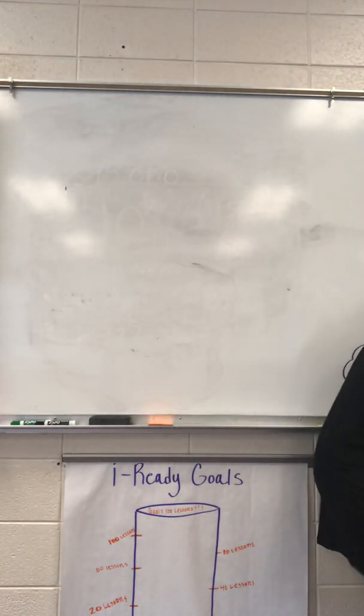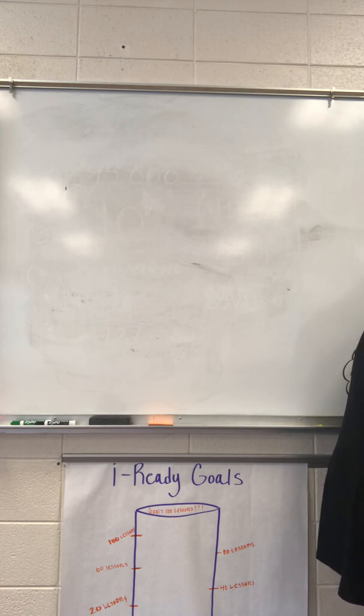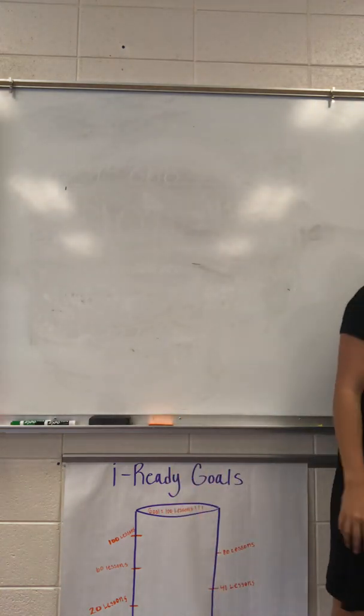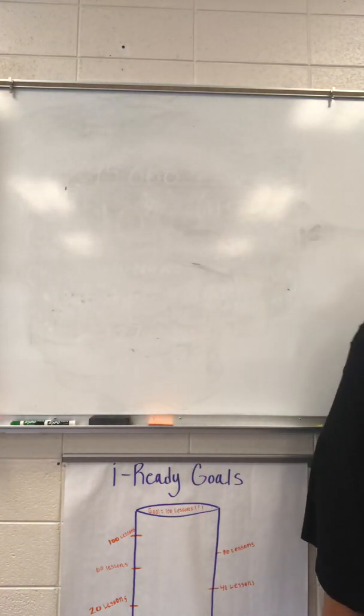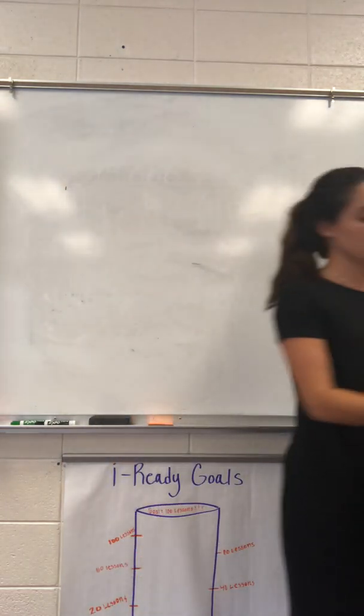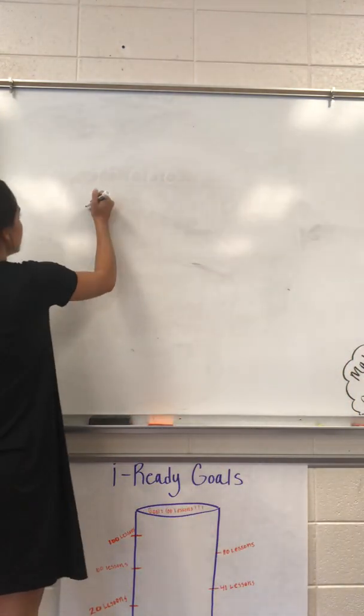So let's look at page 24 in your Go Math book. We're going to look at problem number 3. Okay? So let's look at problem number 3. So we have 10 squared.